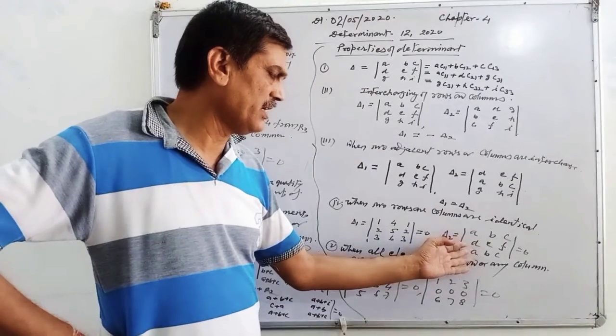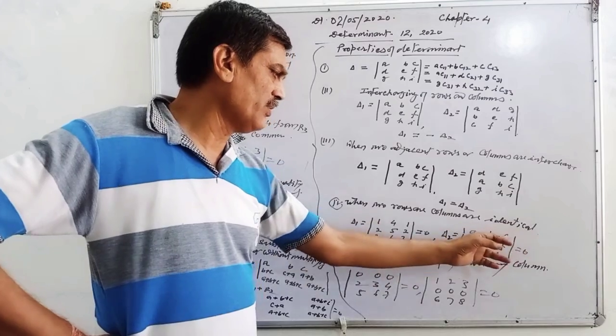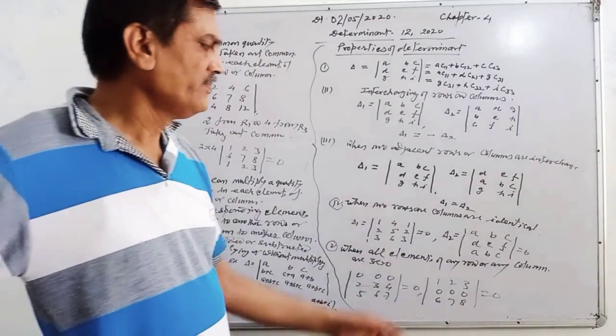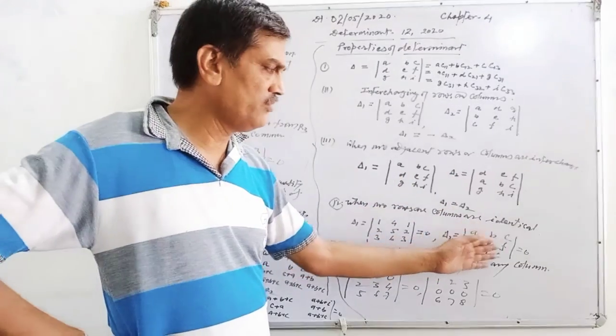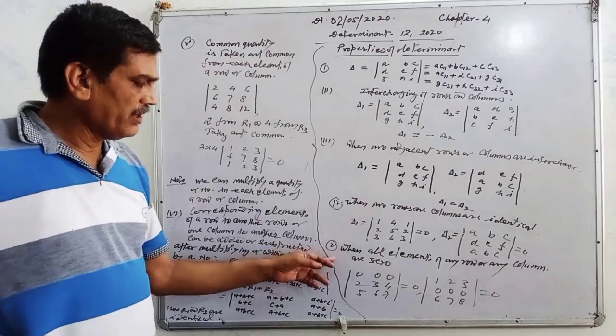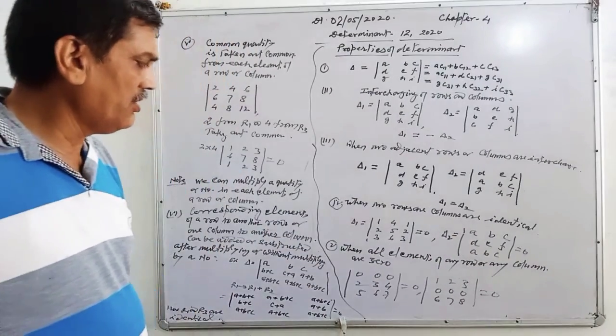In this second example also, with rows A, B, C, the first row and third row are identical, having the same elements. Corresponding elements are the same, so the solution is 0. Now the next property: when all the elements of any row or any column are 0.